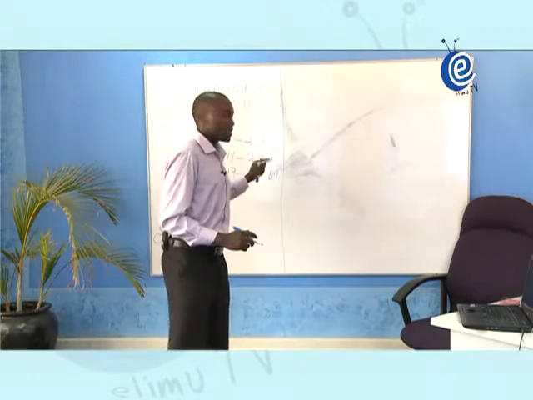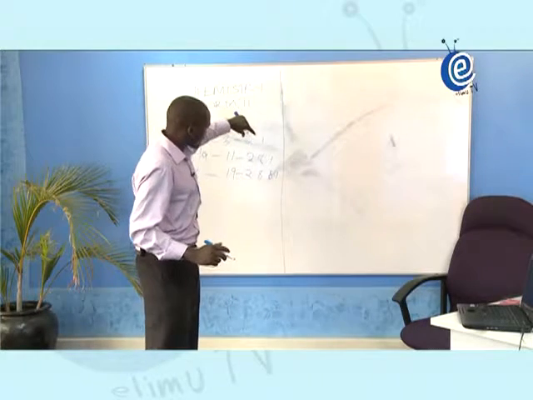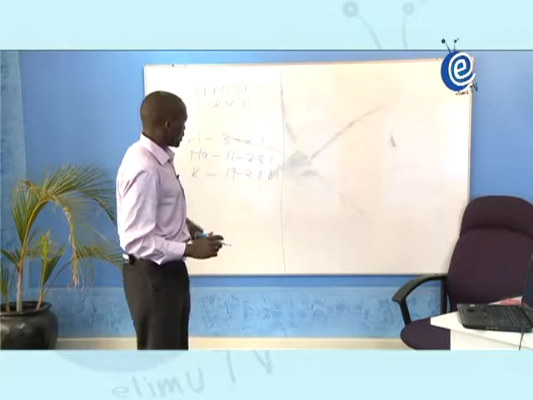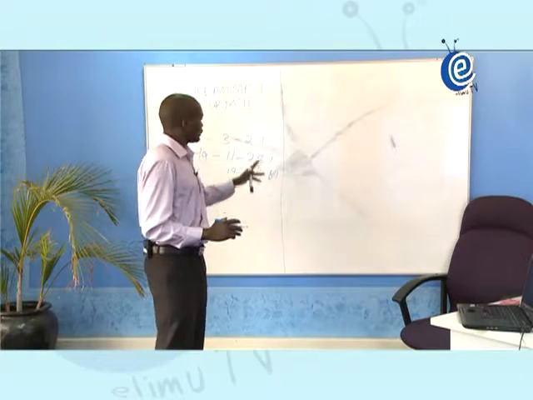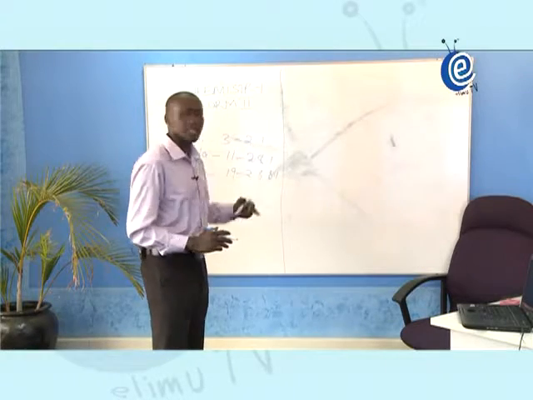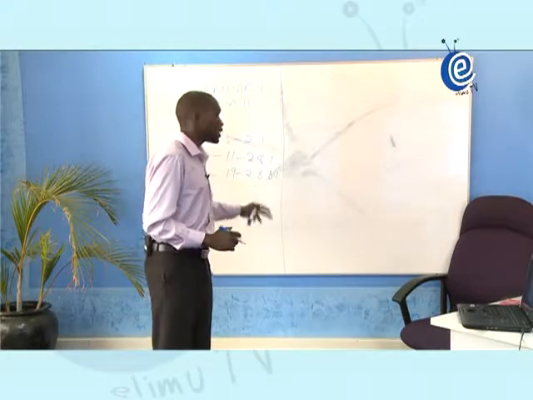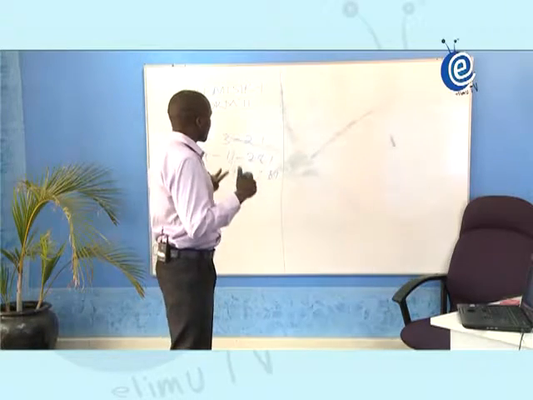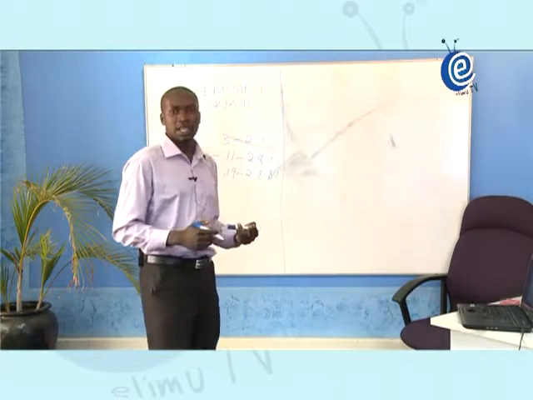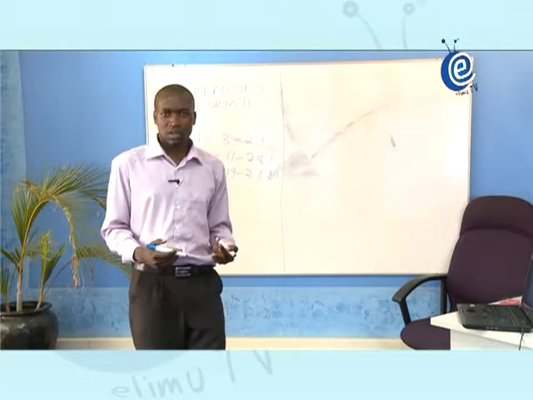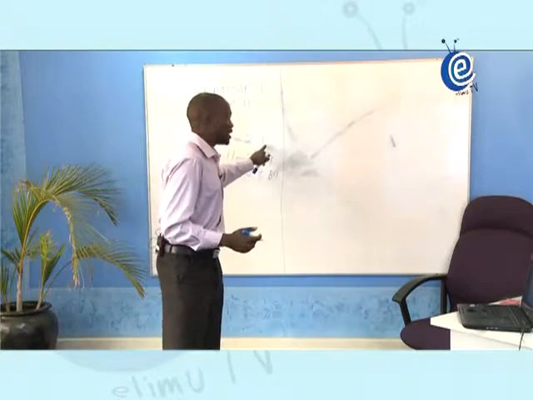Let me explain that. Looking at this electron arrangement in lithium, sodium, and potassium, you can see that lithium has 2 energy levels. Sodium has 3 energy levels. And then we have potassium having 4 energy levels. So there's the ease of losing electrons. Potassium easily loses electrons than, let's say, lithium.